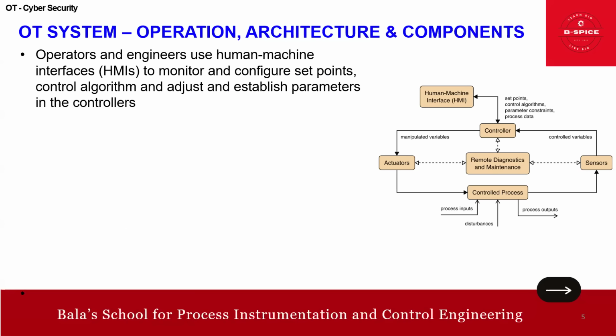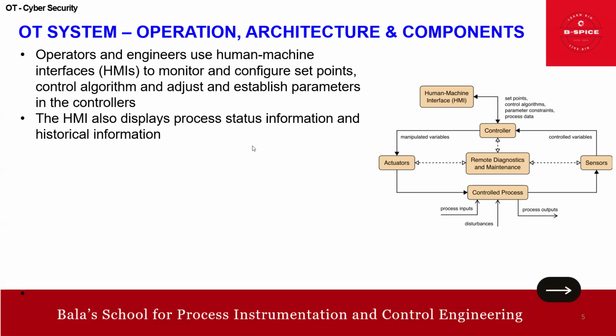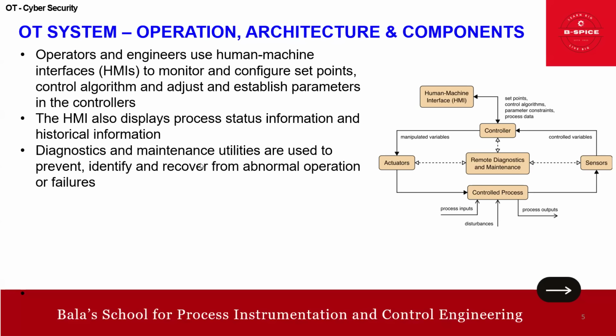Operators and engineers use the human machine interface to monitor and configure the set point, control algorithm, and adjust and establish parameters in the controllers. The HMI also displays process status information and historical information. So this we all know. Diagnostics and maintenance utilities are used to prevent, identify and recover from abnormal operation or failures. Nowadays a lot of diagnostics are available.